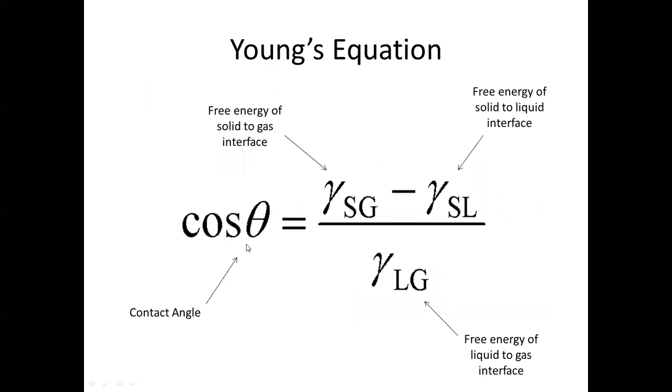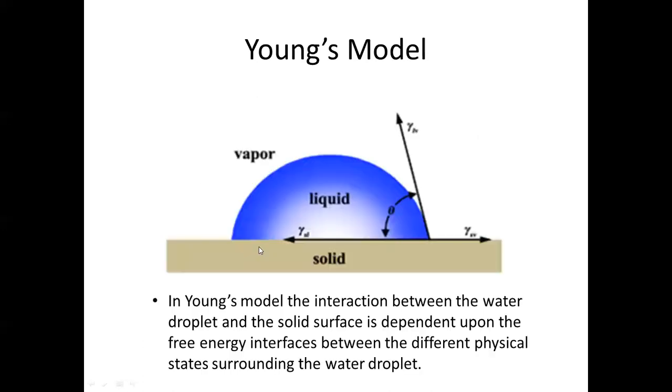What this shows us is the contact angle, or the cosine of the contact angle, is equal to the surface free energy, and we're going to call that gamma SG, minus the free energy of the solid to liquid interface, gamma SL, all divided by gamma LG, which is the free energy of the liquid to gas surface. So this gives us the relative energies and interfaces at that particular angle.